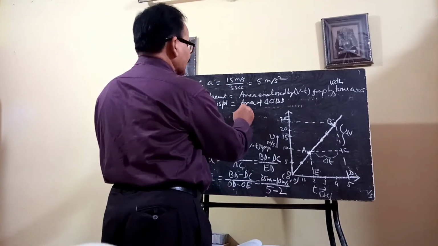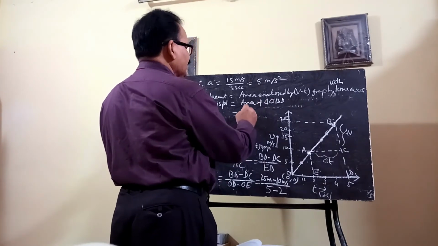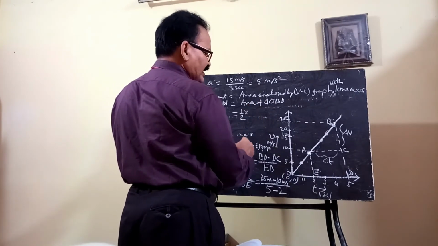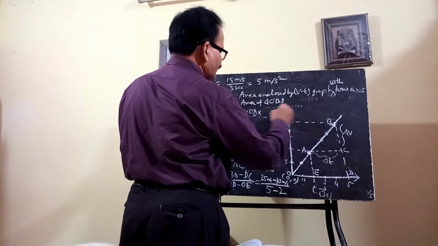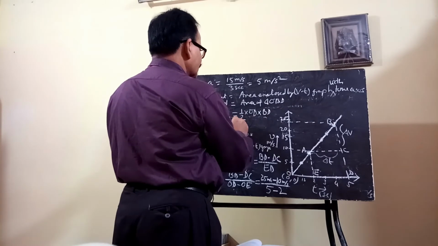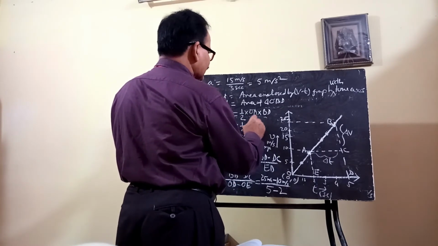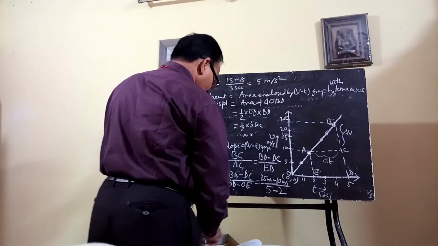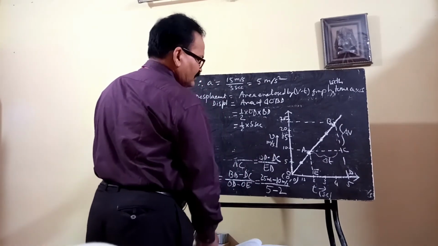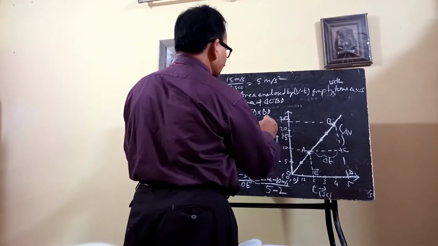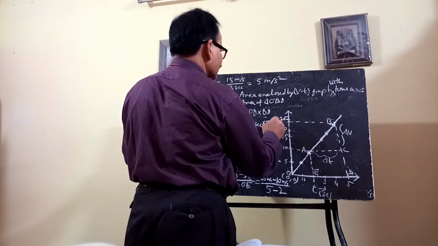So displacement can be determined by finding the area of the triangle OBD, which is half into base, base is OD, into height, BD. So half of OD is 5 second, and BD is 25 meter per second.